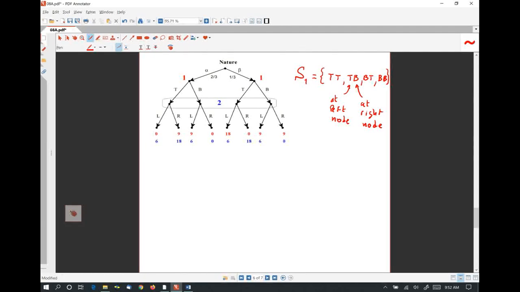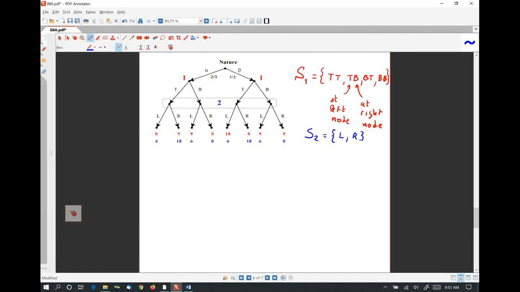Right? So we interpret strategies by looking at information sets from left to right and then from top to bottom. On the other hand, player 2 only has one information set, so a strategy of player 2 just gives us one choice, and that choice can be either L or R. So player 2 has 2 strategies.